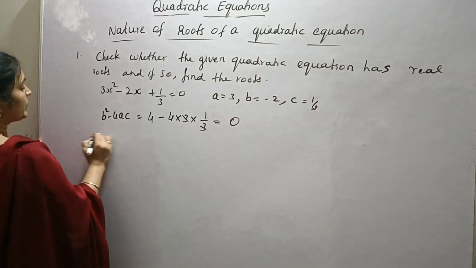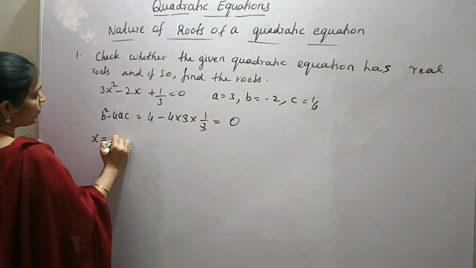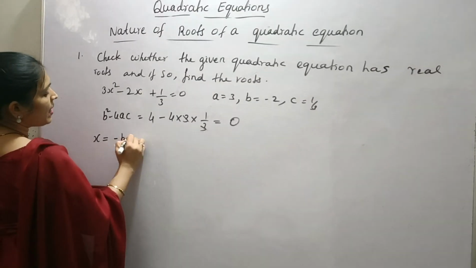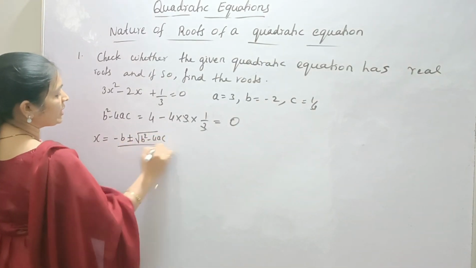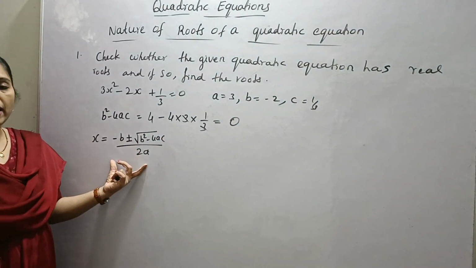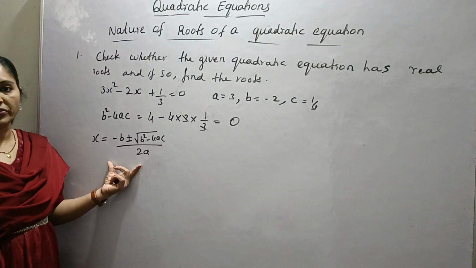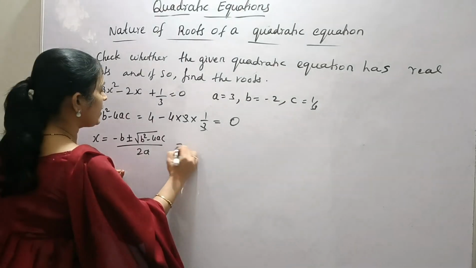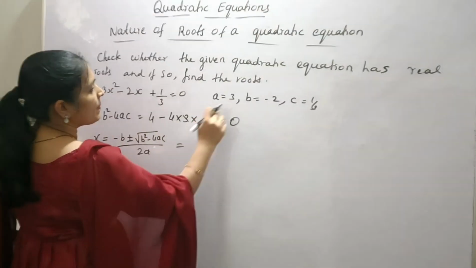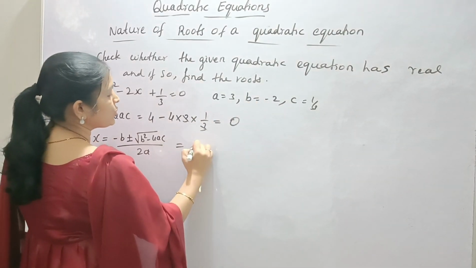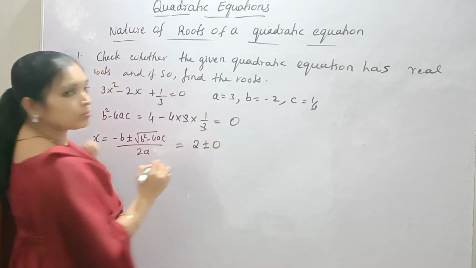Now let's find it. x = (-b ± √(b² - 4ac)) / 2a. It is the formula to find the roots of the quadratic equation. So -b, that is -(-2), is 2, plus or minus 0.